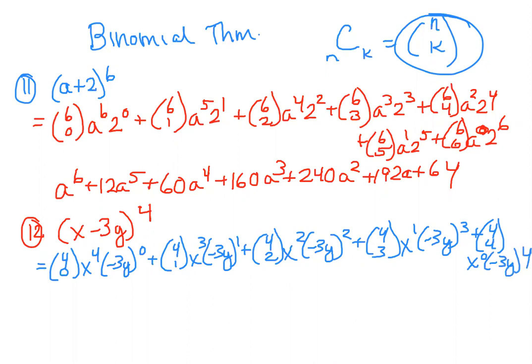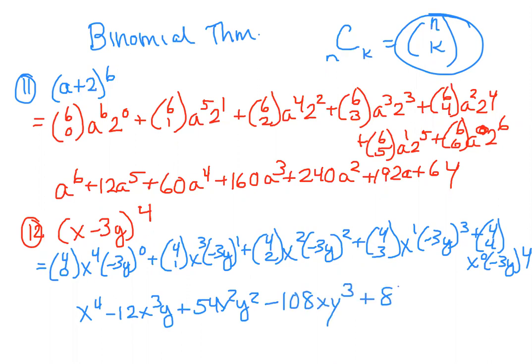And simplifying all that, you should get x to the 4th minus 12x cubed y plus 54 x squared y squared minus 108 x y cubed plus 81 y to the 4th.